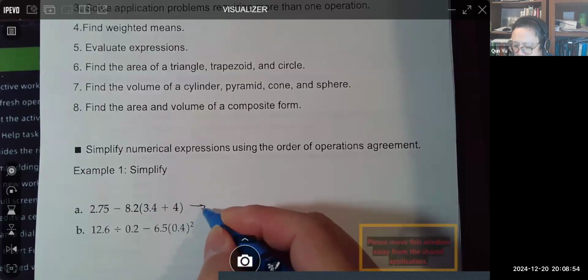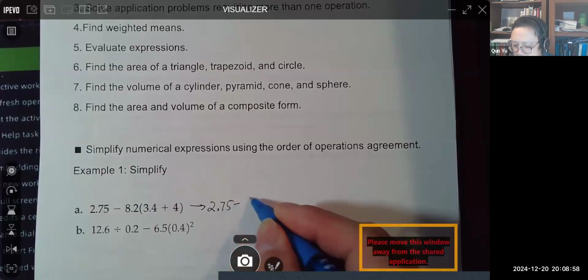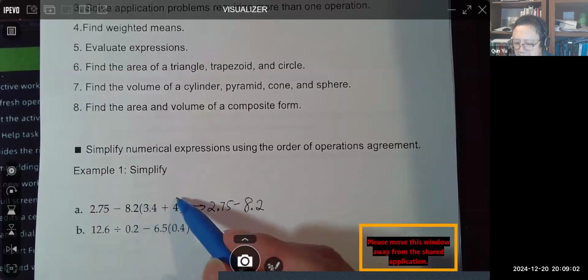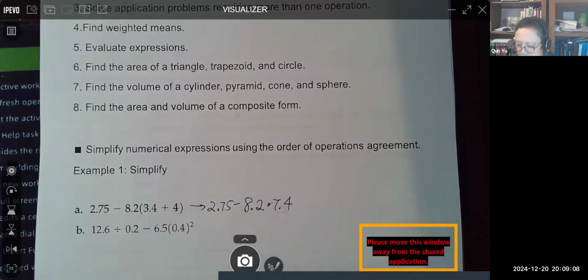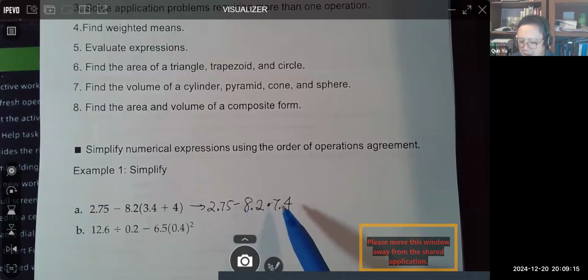So if I do this calculation, it's going to be 2.75 minus 8.2. Now we're supposed to do this addition first, which will be 7.4. Now we only have two operations left, minus and multiplication.